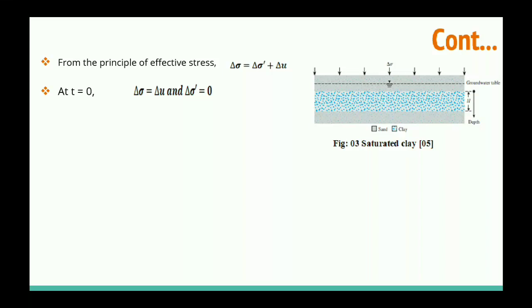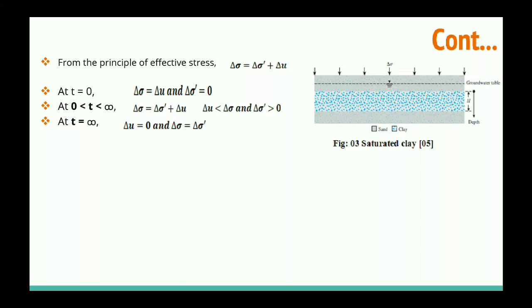And after some time, the pore water pressure will start to dissipate in the form of effective stress. So the pore water pressure will decrease and effective stress will increase. Obviously it will be greater than 0. And after a very long time, all the pore water pressure will dissipate in the form of effective stress, and pore water pressure will be 0 at this point of time.